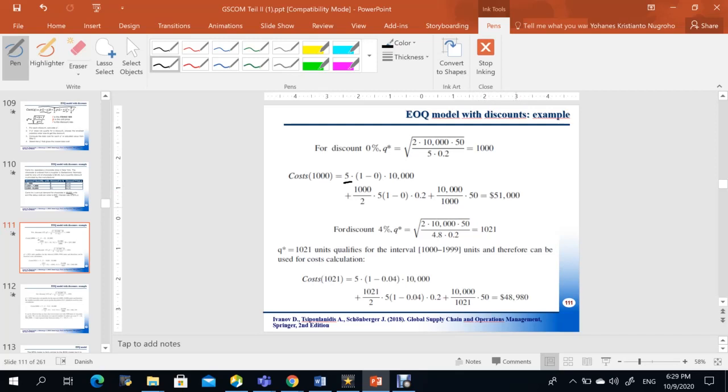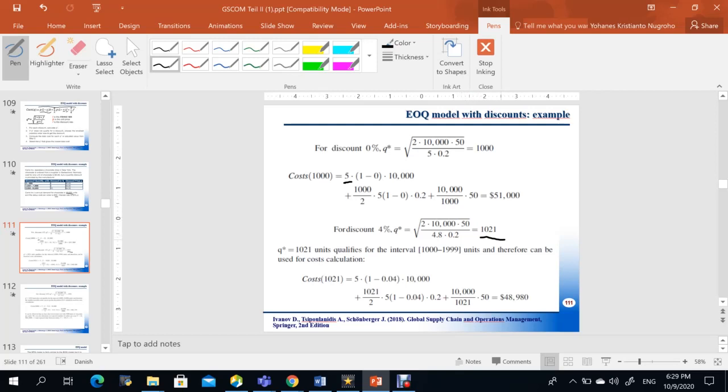And therefore we now continue to another calculation by assuming that the discount is 4%. And therefore if the discount is 4%, then we have to order at 1,021. We do the same as we calculate economic order quantity without discount.